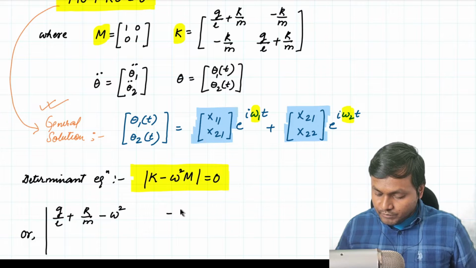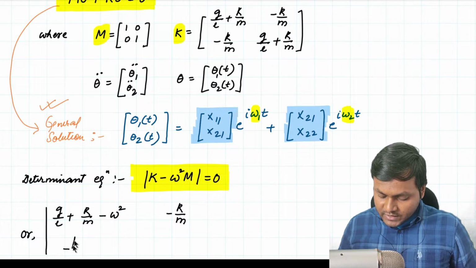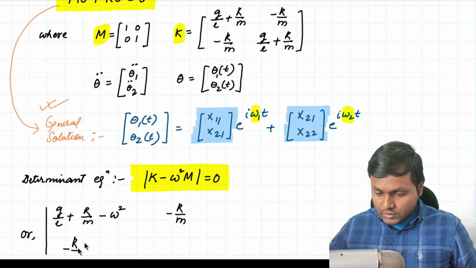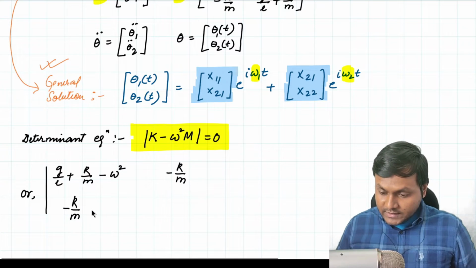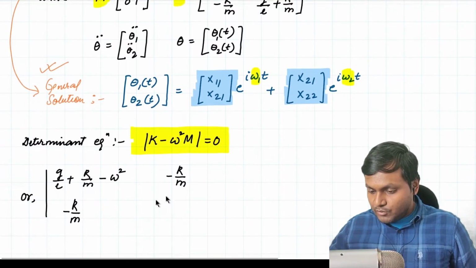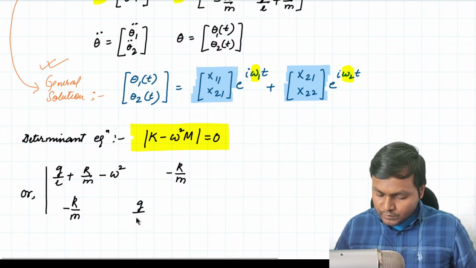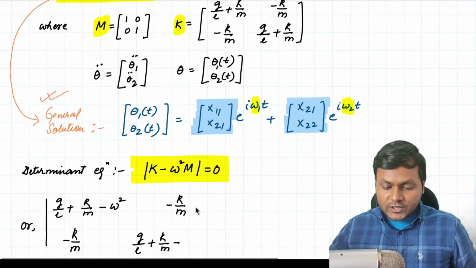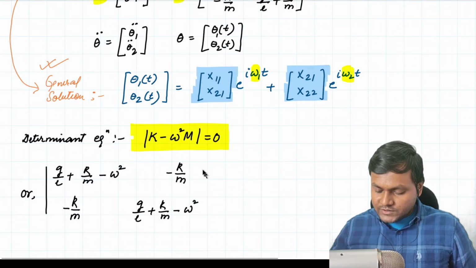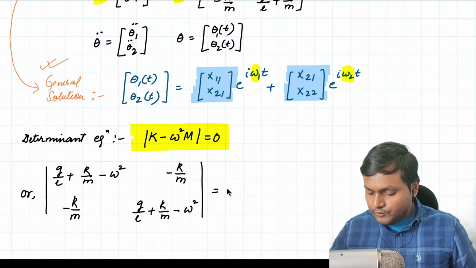Second, you have minus k upon m, and then you have just minus k upon m, and then lastly you have g upon L plus k upon m minus omega square into 1, that is just omega square. Determinant is equal to 0.